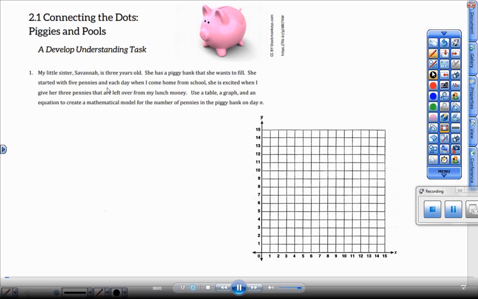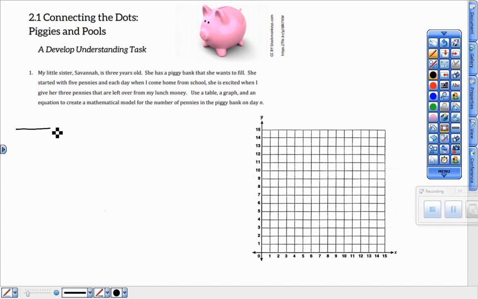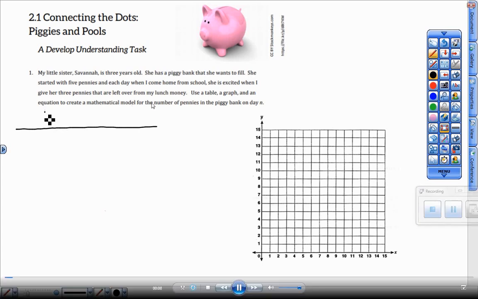You need to read these and see if they're arithmetic or geometric. This one is adding pennies. So again, on the bottom, I want to see that your table has days, and on the top, number of pennies. So again, on this, I'm going to go 0, 1, 2, 3, 4, 5 on the x-axis down here.